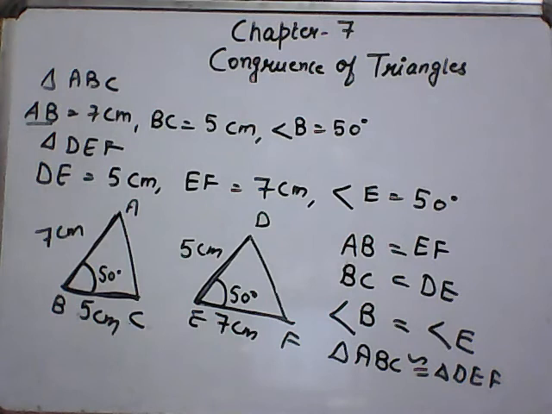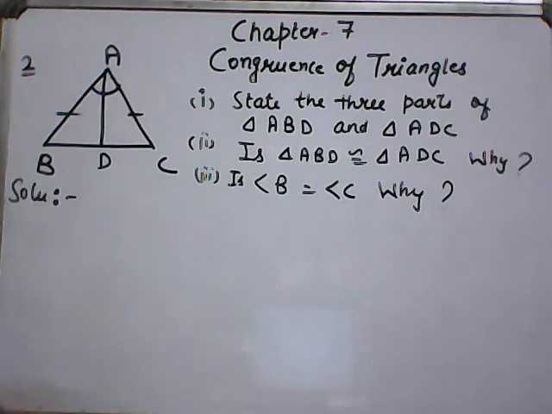Let's check another question. In this question, a diagram is given to you. In triangle ABC, side AB is equal to side AC and AD is the bisector of angle BAC.